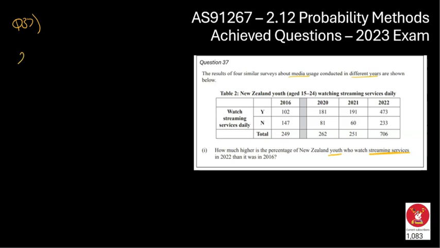Well, let's start off with 2016. So we're trying to find the probability that they were youth and did the streaming. So I'm going to write S for streaming. If you have a look here, here's the 2016 data, and all of these people here are youth. So it's going to be 102 out of this 249.